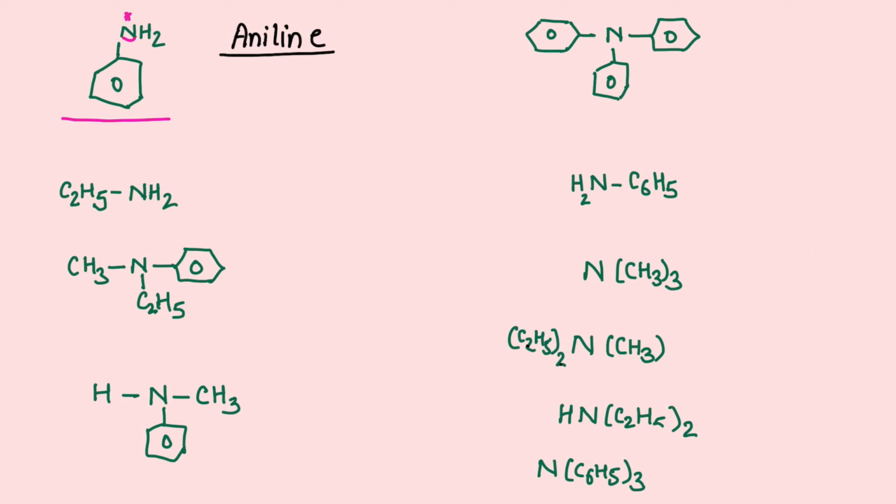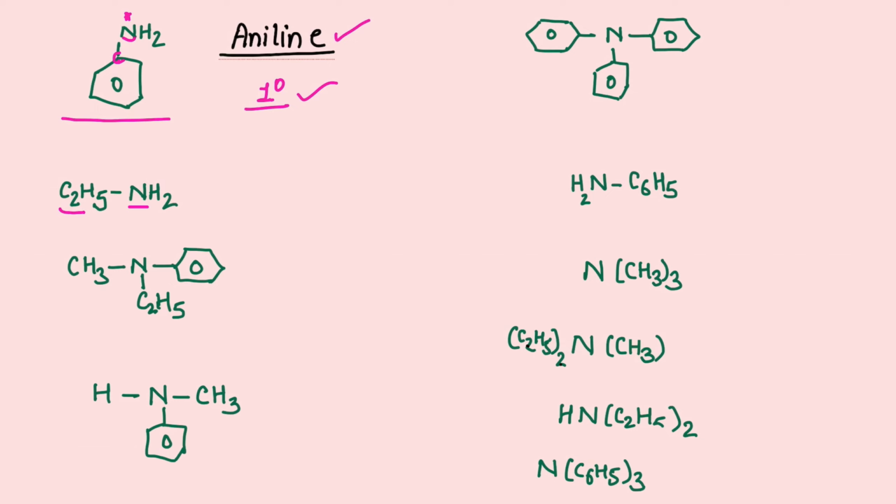Nitrogen is directly attached to one carbon of the aromatic ring. Here is the carbon as well. So nitrogen is attached to only one carbon atom, so its degree is 1 degree. It is your 1 degree amine. That means you have seen that aniline is a 1 degree amine, since nitrogen is attached to one carbon.